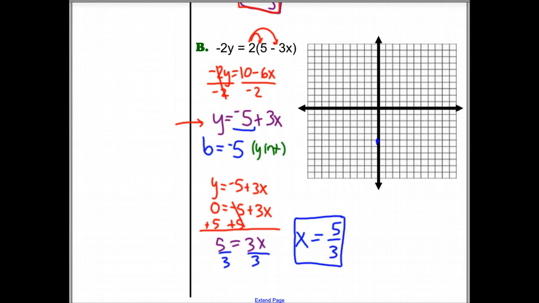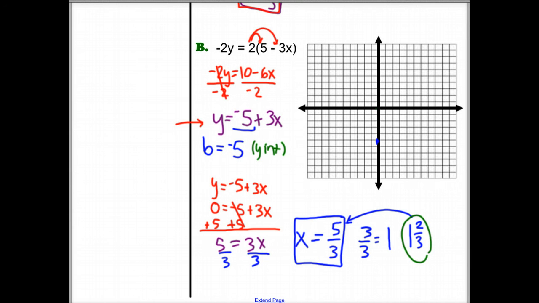And so now we know that 5 over 3 is a little bit bigger than 3 over 3. We know that 3 over 3 equals 1. So we have 1 and 2/3. That's this same number here. The reason why I'm writing that is because it's easier to graph a point. I'm going to draw it in green so we don't get confused here.